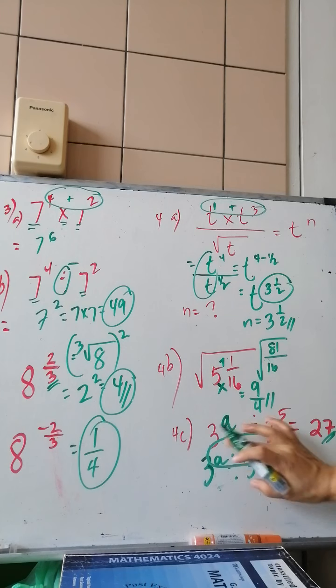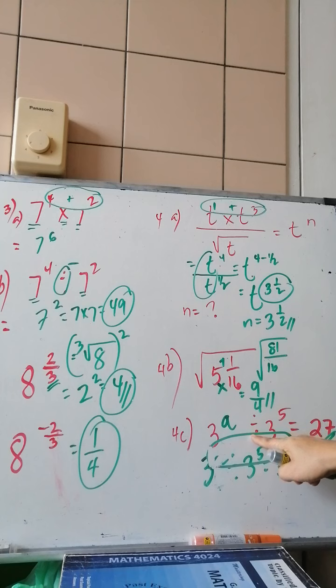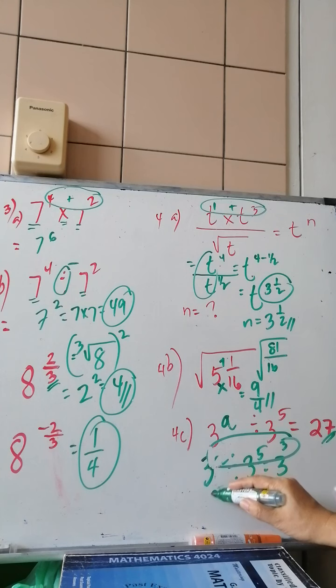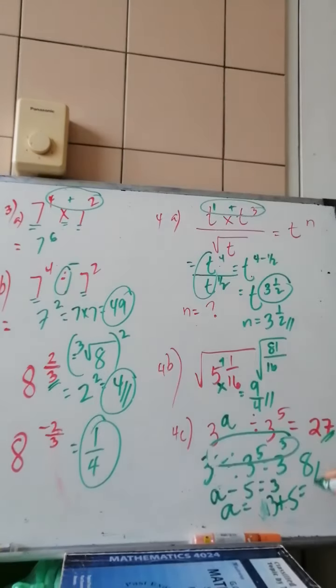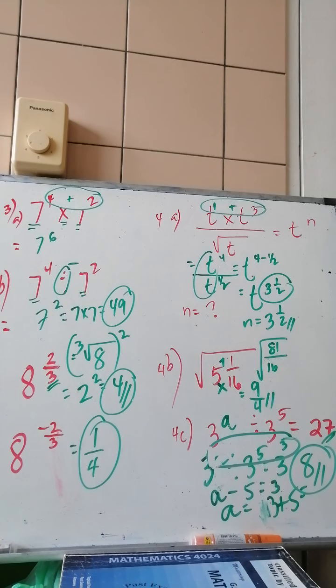Since this one is divide, we subtract the indices. A minus 5 equals 3. Then we transfer the minus 5, which becomes plus 5. So our answer will be 8, because 8 minus 5 is 3.